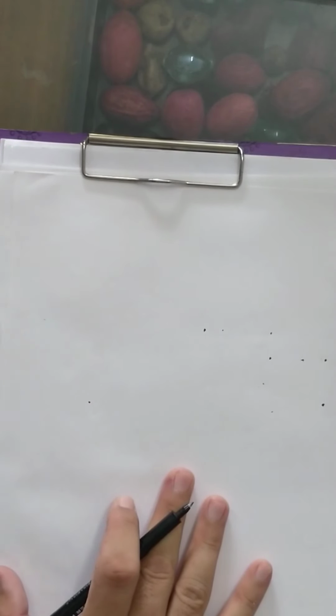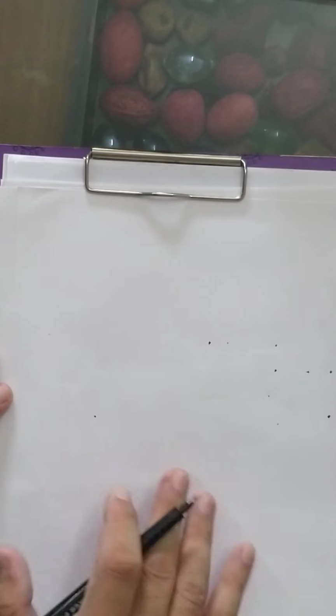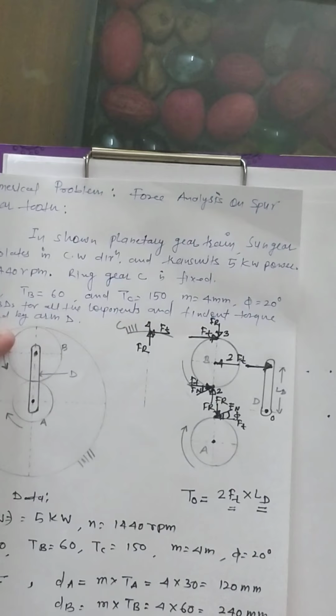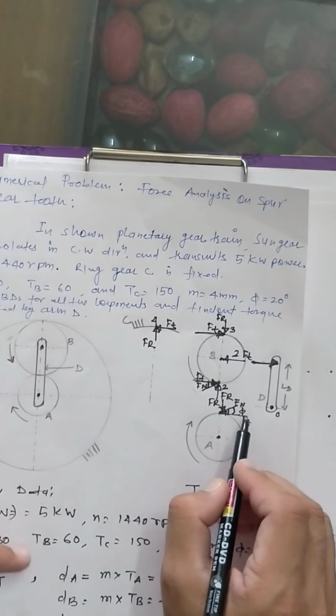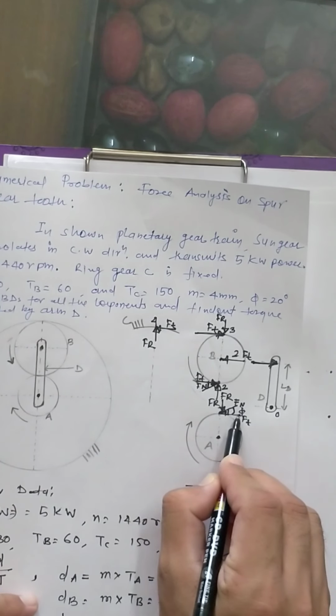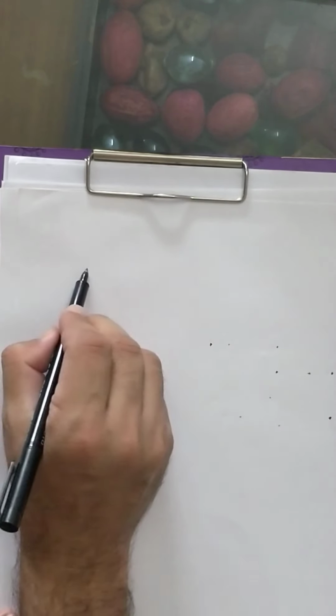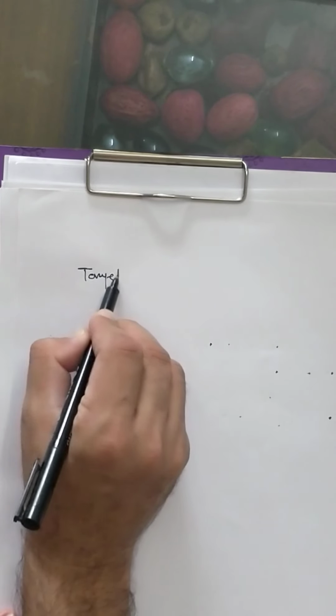Next, the tangential component of gear tooth force on sun gear A. So now we are going to find the tangential component of force on gear A. This force Ft we want to calculate.